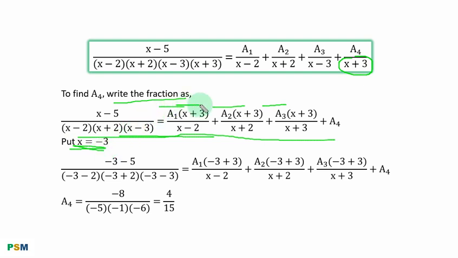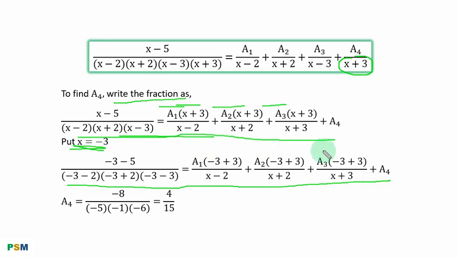For it to be 0, we must have −3 + 3. That is why s is assumed to be −3. You replace s with −3 in the above result. You have it in this form.